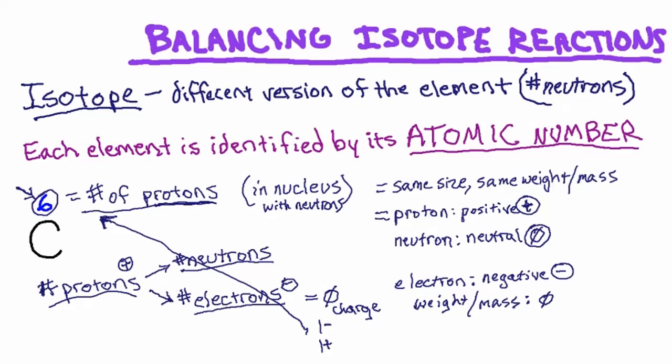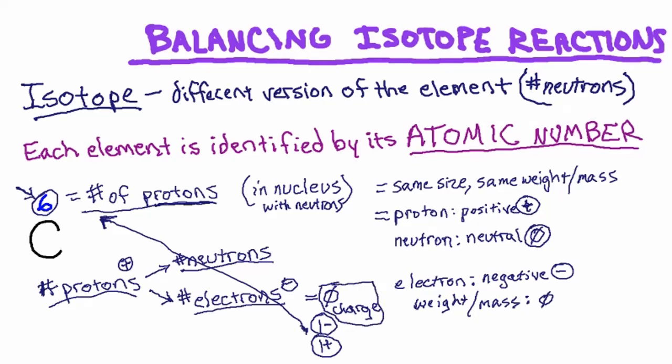But the electrons will change. You can gain or lose electrons, and that's going to change the charge of something, and so then it could be a -1 or it could be a +1. But as it's presented on the periodic table, those elements have a net 0 charge.